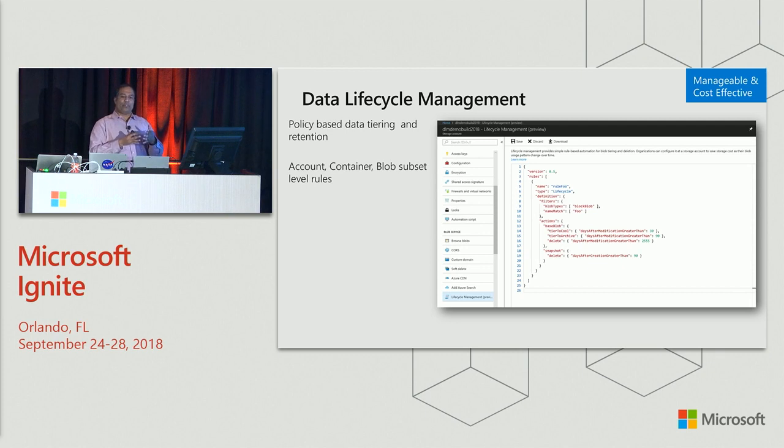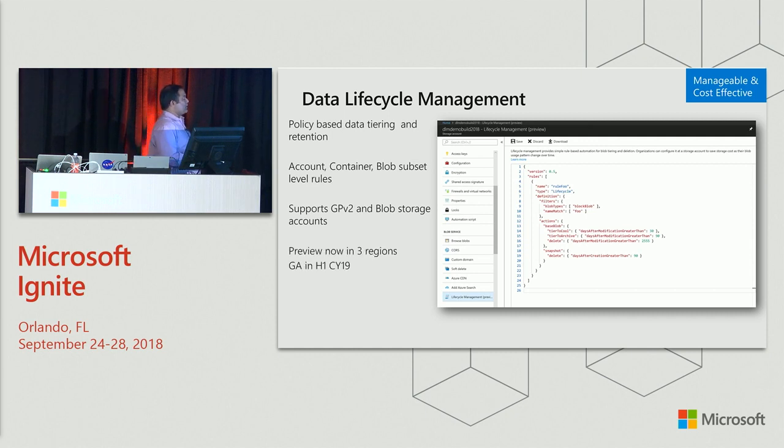We go through your storage account, we find the blobs that match those rules, and we do what you ask us to do, for example, age blobs greater than 30 days from hot into cool, age blobs greater than 6 months from cool into archive, and delete blobs greater than, let's say, 5 years from the archive storage. So that is no longer stuff that you have to write maintenance jobs or scripts around. You can just set this up and have it run and execute on our side.